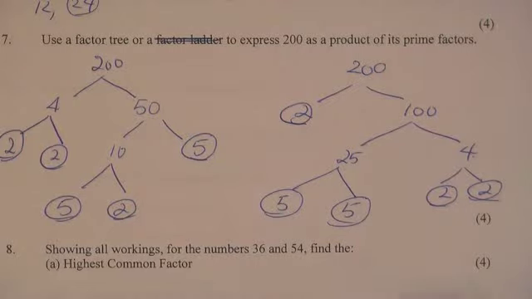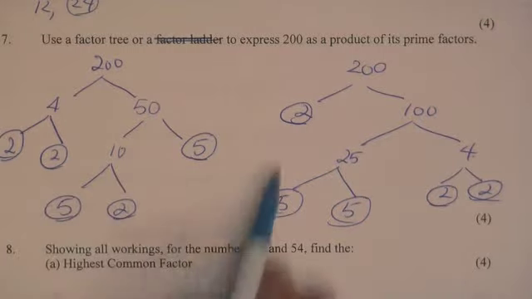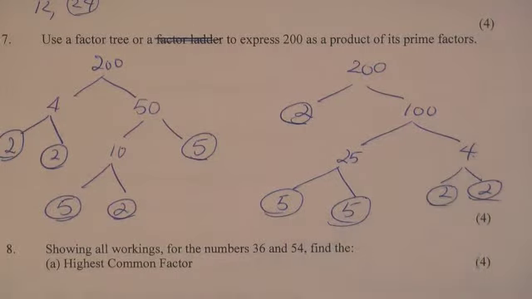So we've got 2 times 2 times 5 times 2 times 5, or 2 times 5 times 5 times 2 times 2. They're both the same.